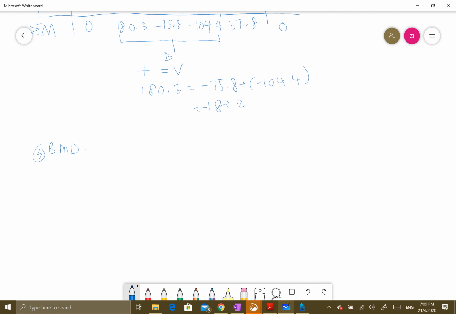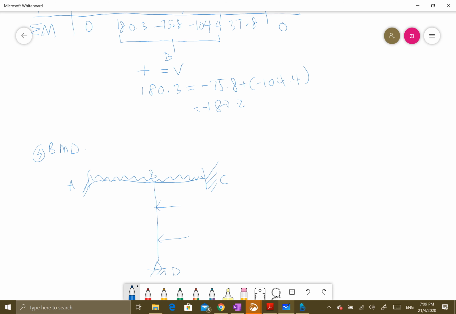Okay. Right? So here you have UDL and here you have point load.